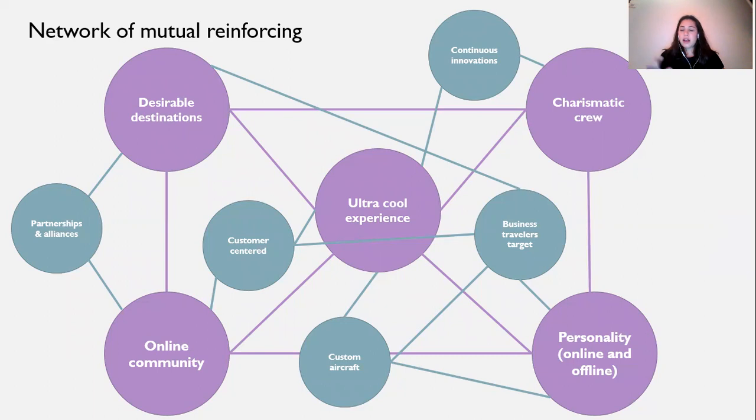Business travelers, the target, is connected with the customer centered approach and also with desirable destinations. They fly to the US, and they also travel to Africa. The BI and data information about the customers make them very efficient in offering their destinations.